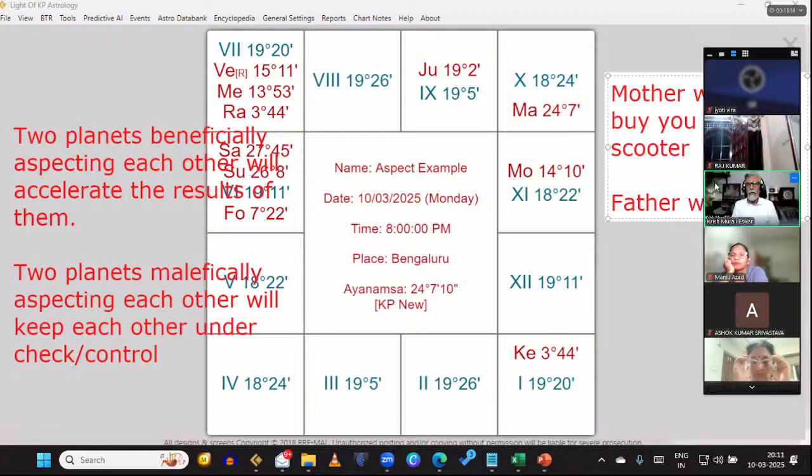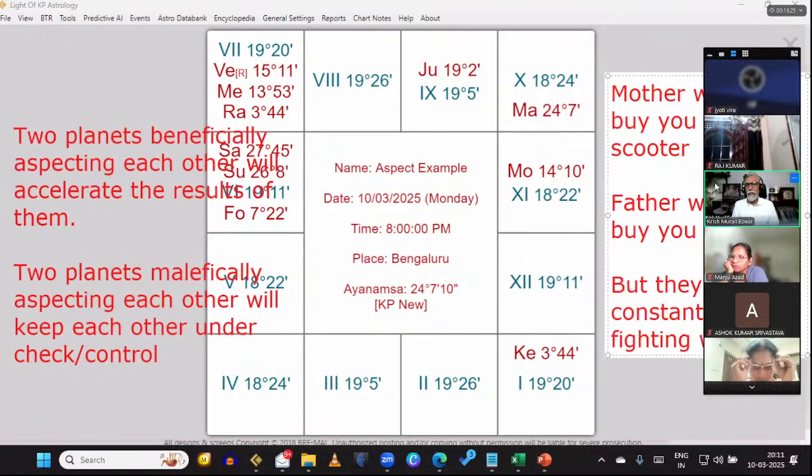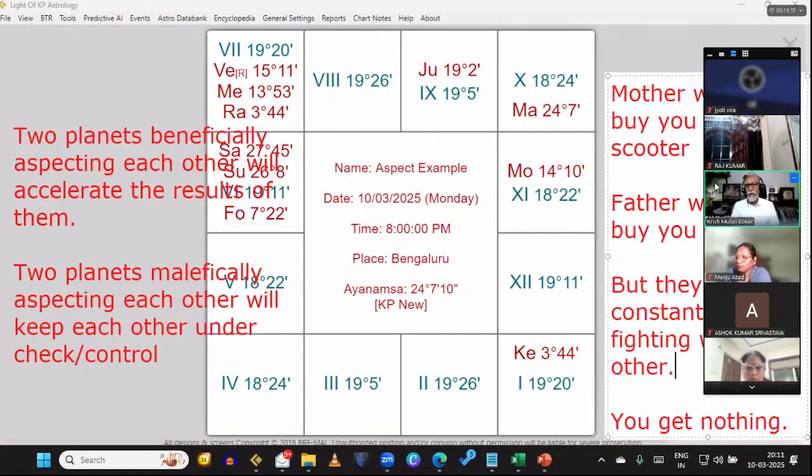Father wants to buy you a car, but they are constantly fighting with each other. What do you get? You get nothing. You will not get both if they are both constantly fighting with each other.